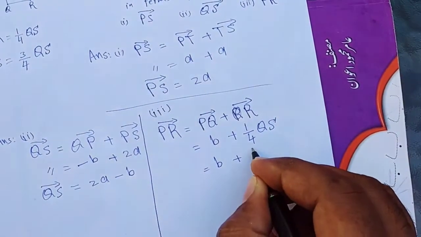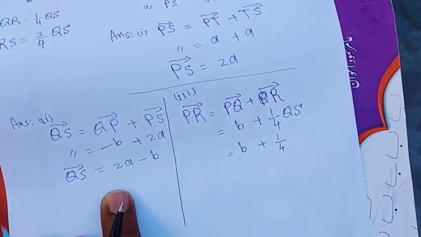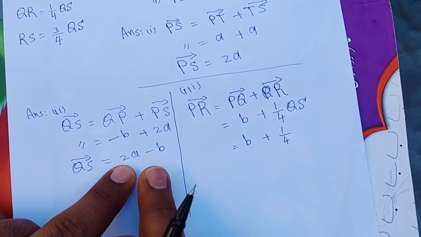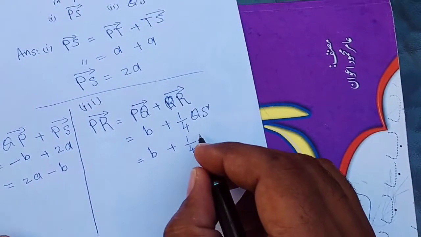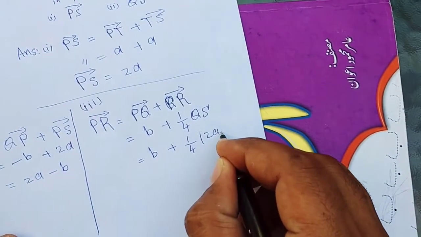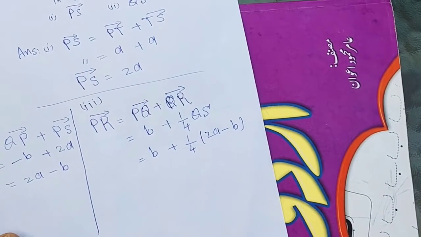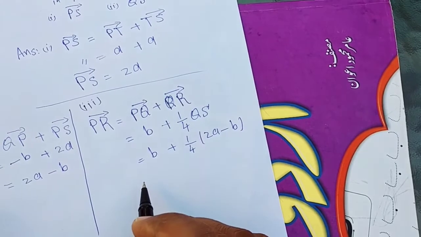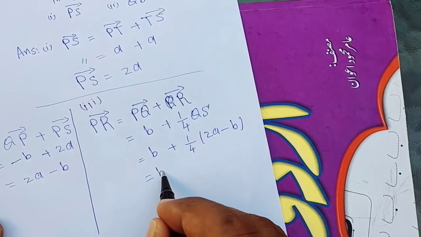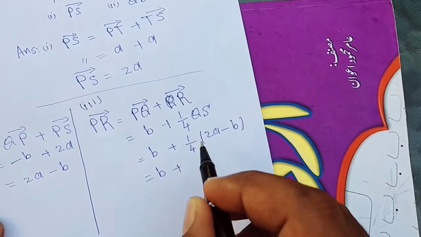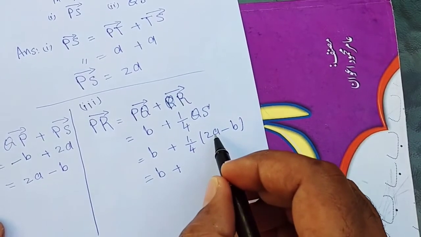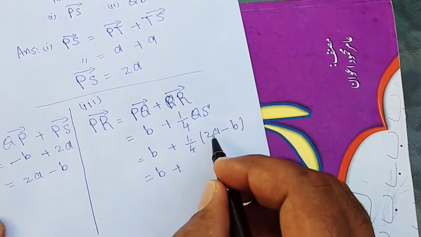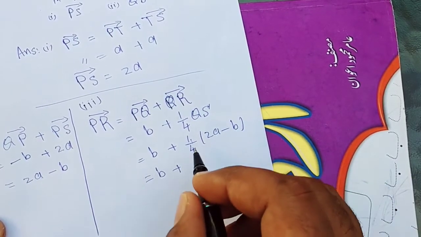What is QS, my dear? Just now in part 2 we found QS equals 2A minus B. So let's solve it: B plus 1/4, it is multiplying with 2A minus B.